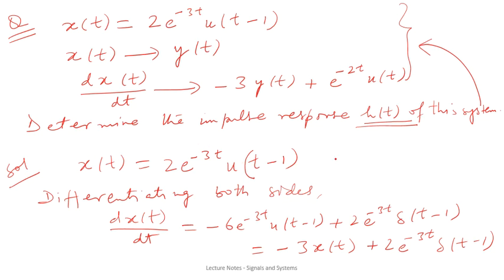Okay, so x(t) is given to you, you can try to insert it in this obtained expression. So you will be able to get this expression in terms of x(t) as this. Now for this particular system, if x(t) is the input it will give you y(t).